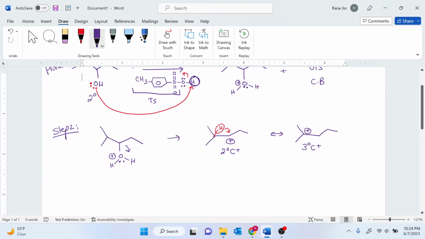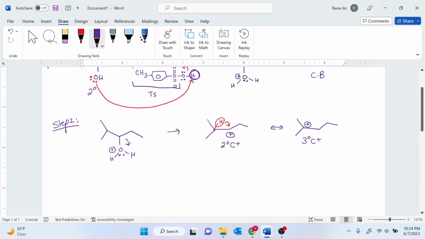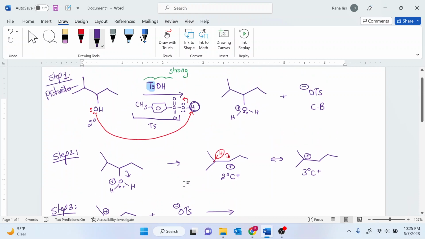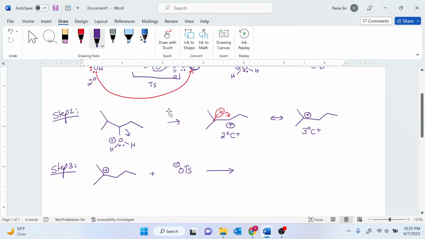So once you form the tertiary carbocation, you're going to go ahead and use the base in order to finish up the elimination. So we're going to take the tertiary carbocation, and we're going to take the OTS minus, which is our conjugate base in the solution. OTS is a weak conjugate base because it is derived from a strong acid.